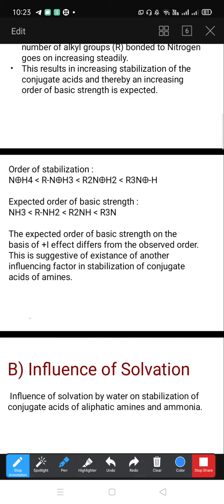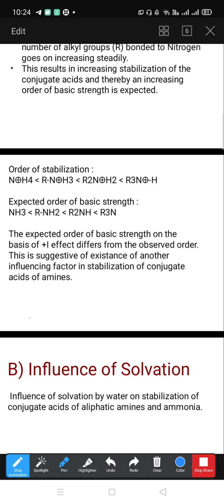The expected order of basic strength on the basis of the number of alkyl groups, of course on the basis of the plus I effect, shows differentiation from the observed value. That's why these two contradictory things suggest that rather than stabilization alone, there are some effects working on the stability, on the basic strength of the conjugate acids of the amines.